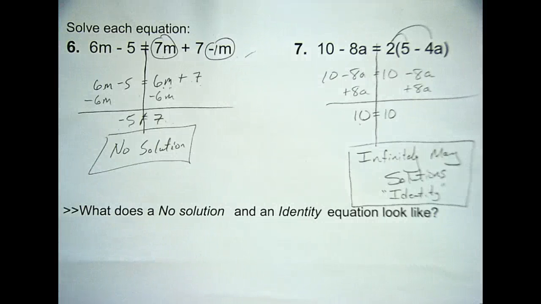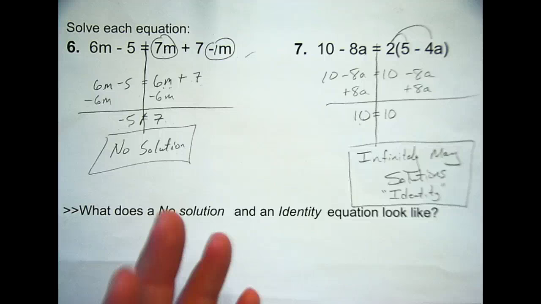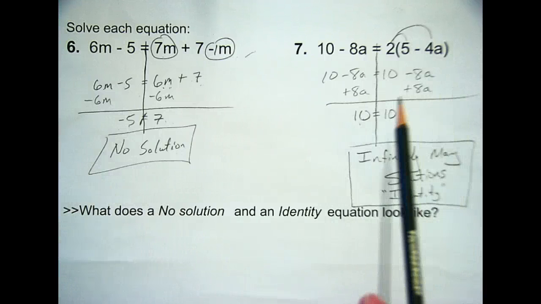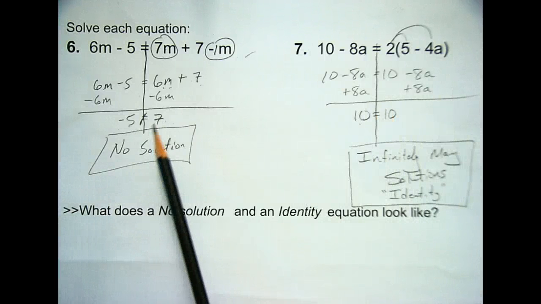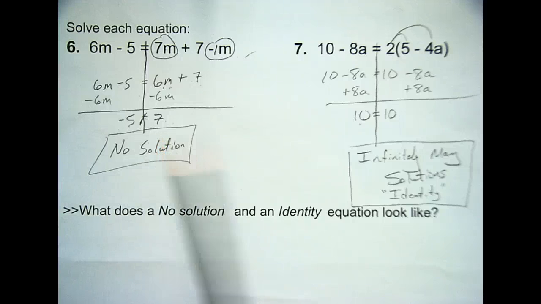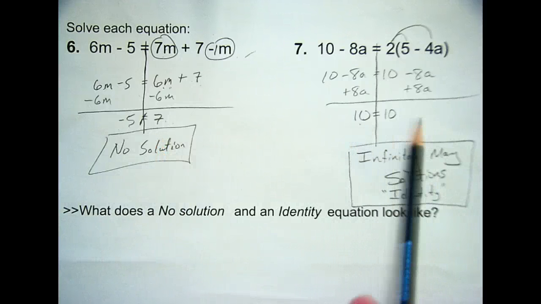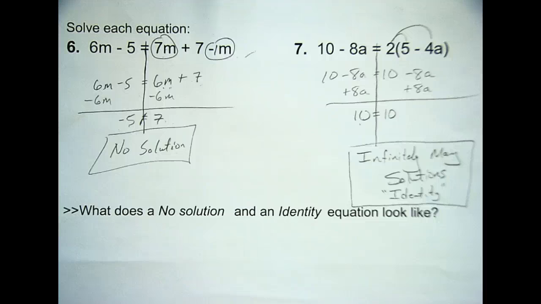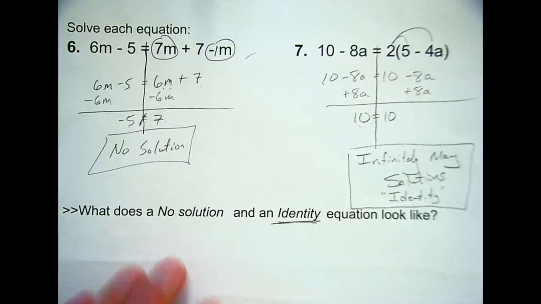What isn't there? Yeah, the variable disappeared in both of them. The variable's gone. When the variable disappears and the statement's false, it's a no solution. When the variable disappears and the statement's true, it's an infinitely many. You should add that to your notes if you didn't already know that. Remember, infinitely many is also called an identity. Any questions there?